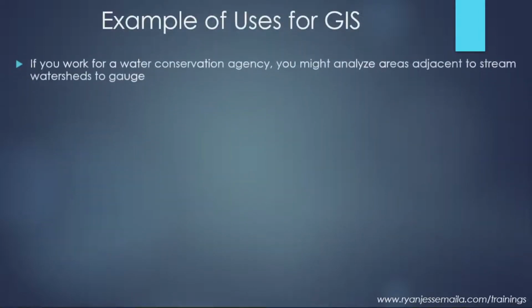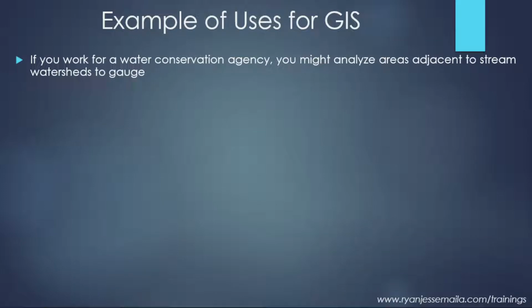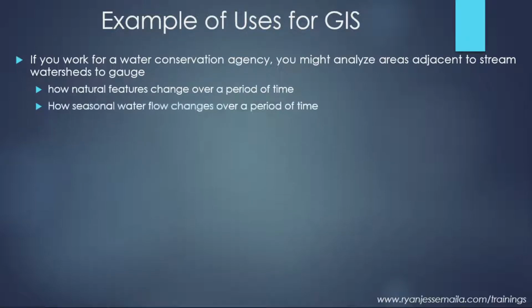The other example is if you work for a water conservation agency, you might analyze areas that are adjacent to stream watersheds so that you can understand how natural features change over a period of time, how seasonal water flow also changes, and how existing habitats also change.